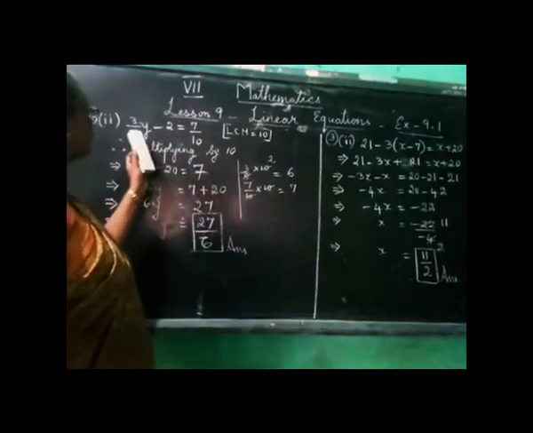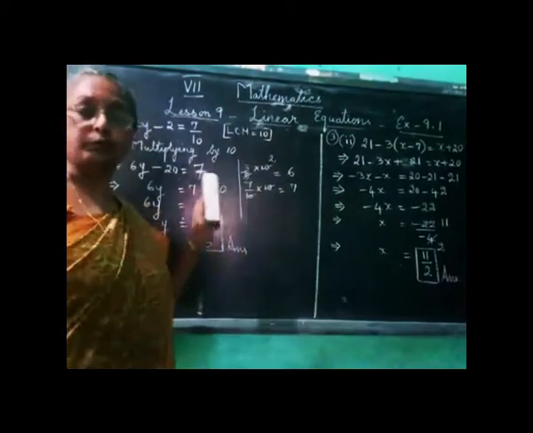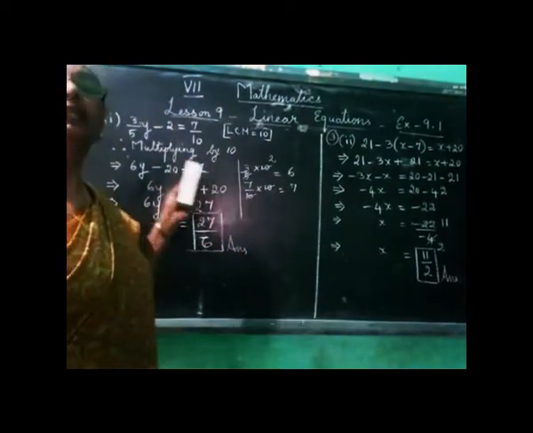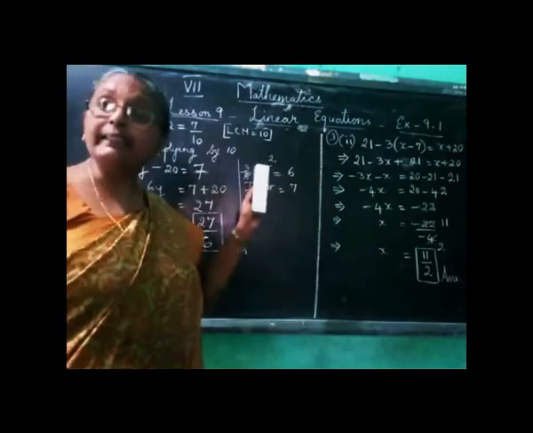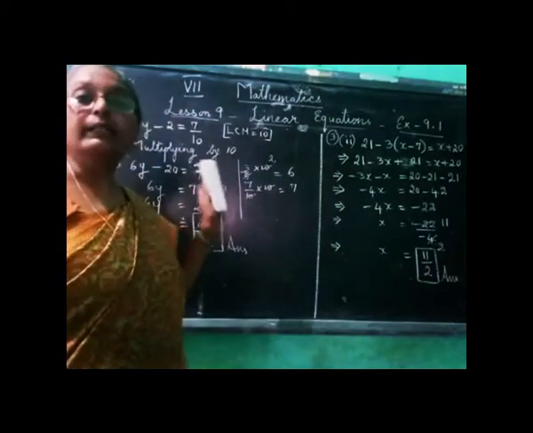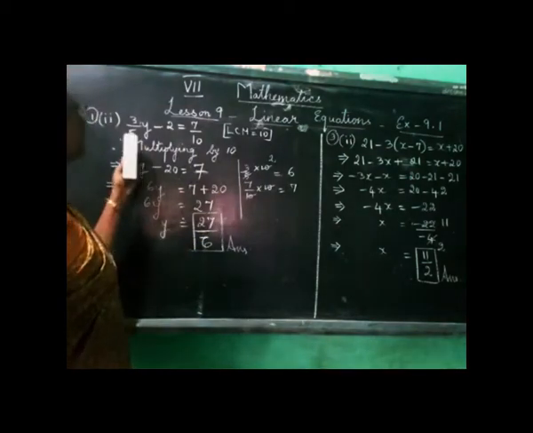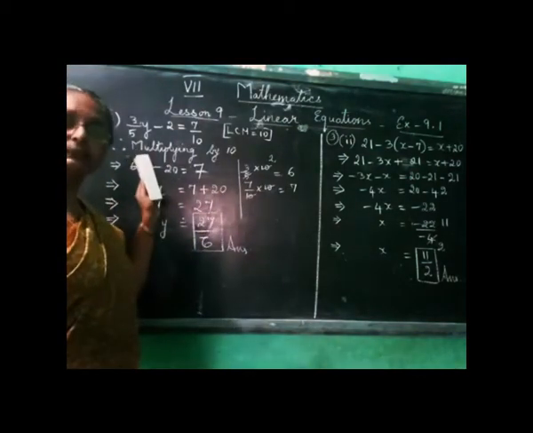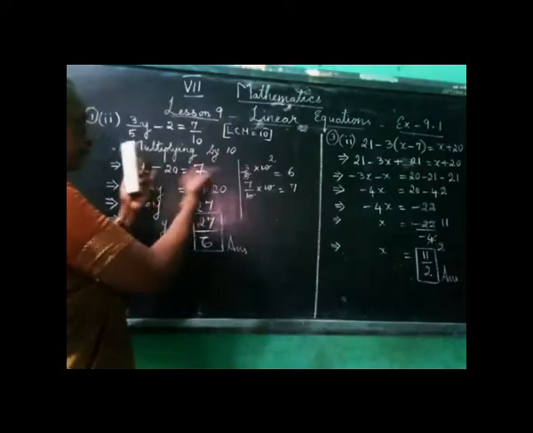Now, here we see there are some numbers in the denominator also. We have fractions here. In that case, what we need to do is, first we have to find the LCM of the denominators. What are the denominators? For that we have to find the LCM. So here 5 and 10 are the denominators. We have to see everything, both sides of the equation.